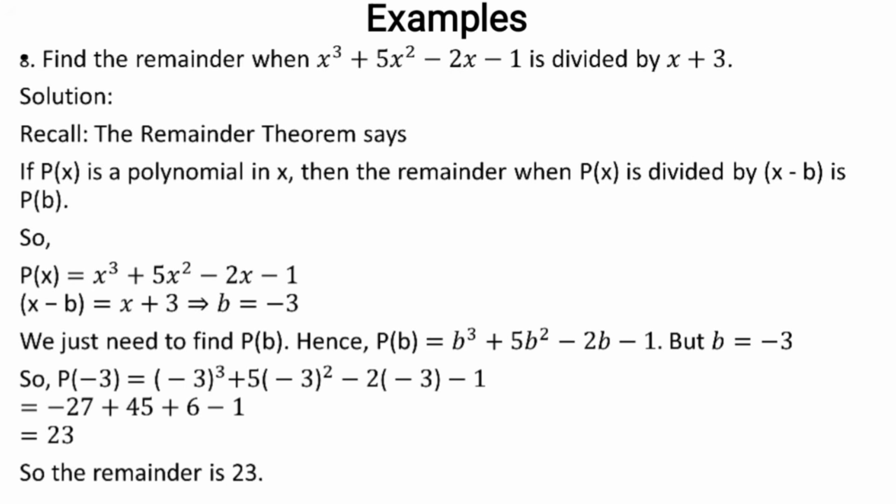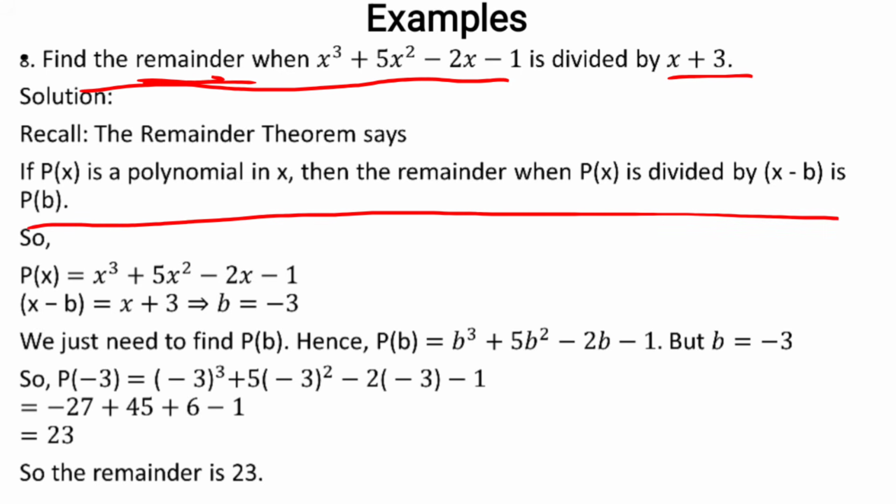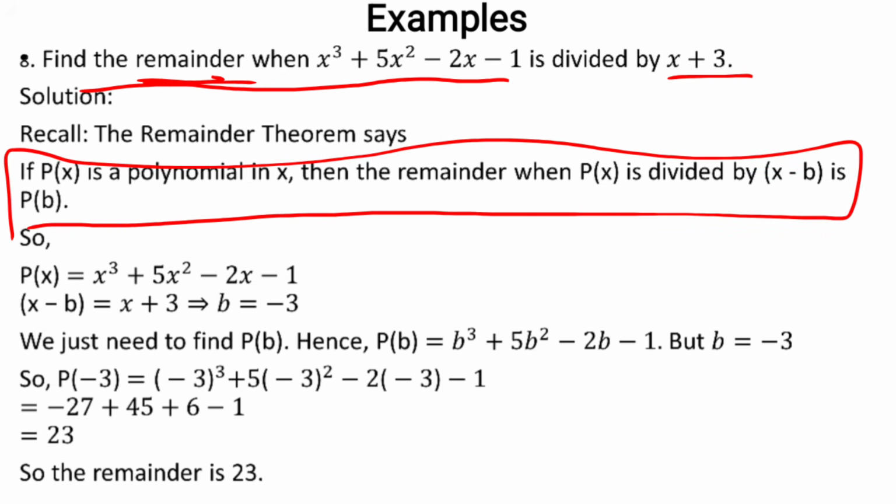So it says find the remainder. The first example says find the remainder when x to the power 3 plus 5x to the power 2 minus 2x minus 1 is divided by x plus 3. Now, what does the factor theorem say? I'm sorry, the remainder theorem, because that's what we're looking for. We're looking for the remainder. It says that if you have a polynomial in x, the remainder when the polynomial is divided by x minus b is p(b).